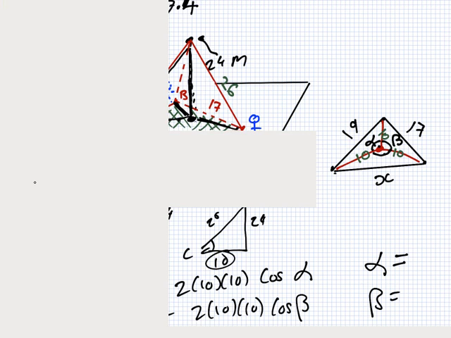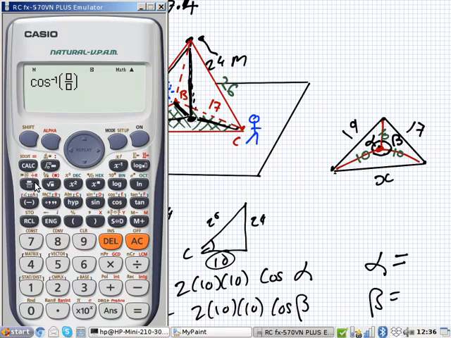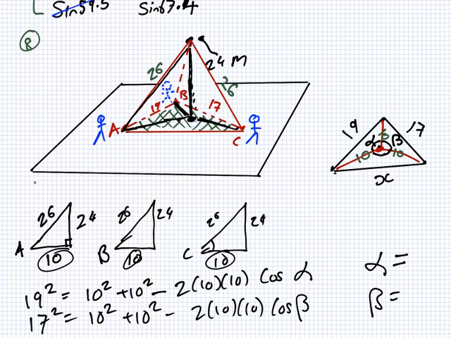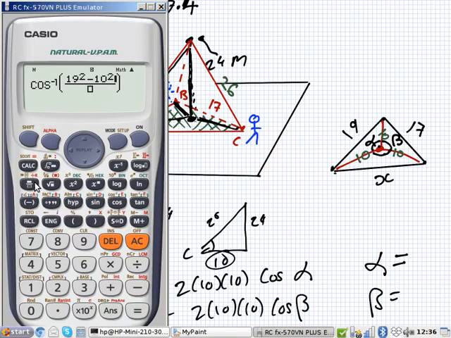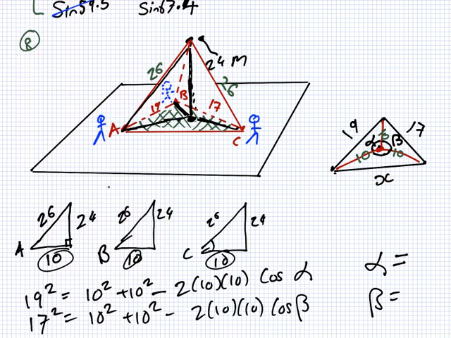What have I got on the top? I have 19 squared minus 10 squared minus 10 squared, over minus 2 times 10 times 10. So my alpha is 143.6.